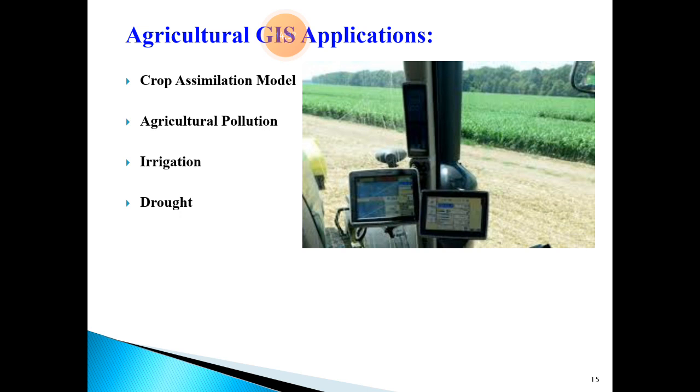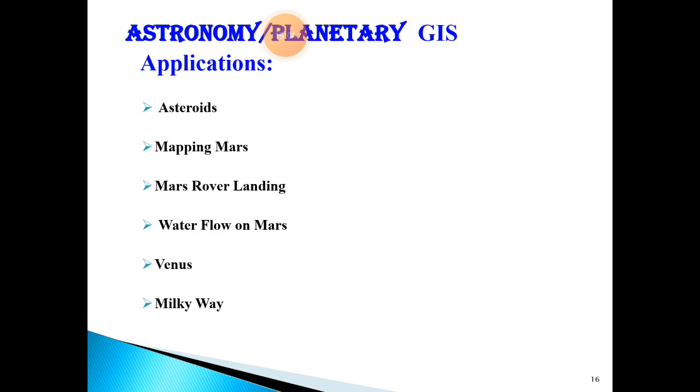So, we apply it by looking at the weather conditions and soil conditions or parameters to grow a good yield of the crops. Similarly, GIS helps in monitoring the quantification of agricultural pollution in the environment and also gives the details on irrigation and drought conditions to the farmers.